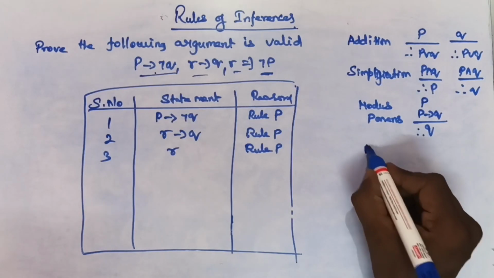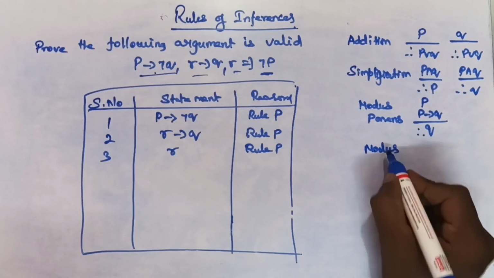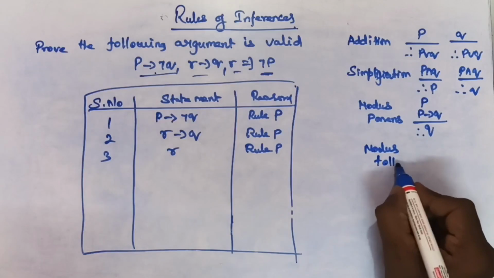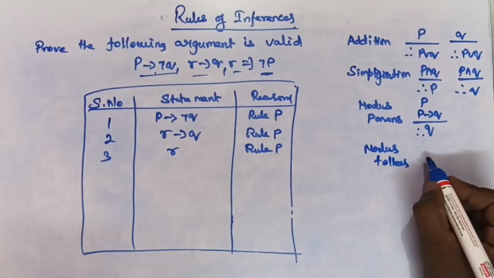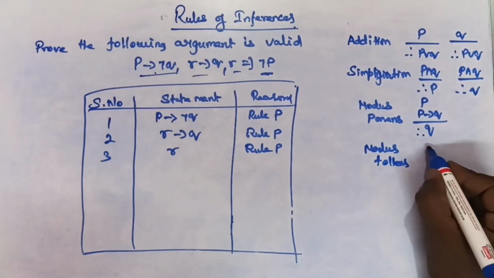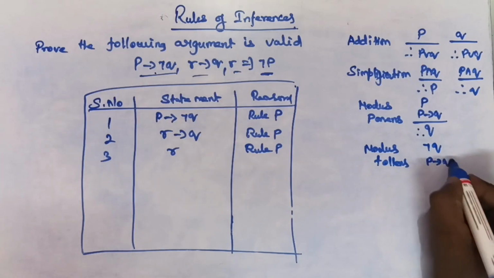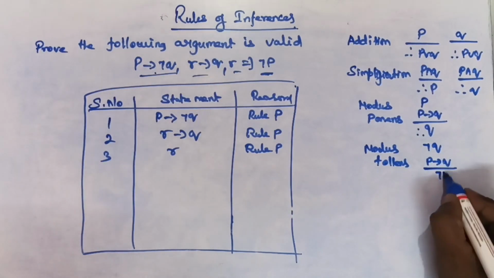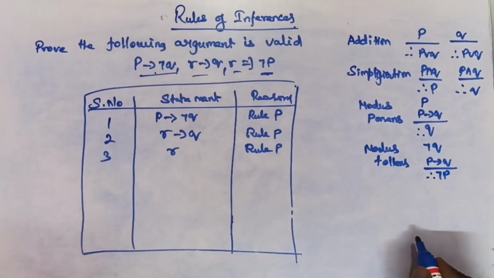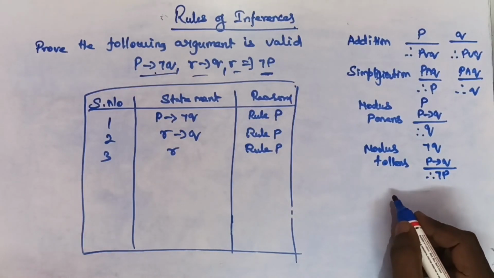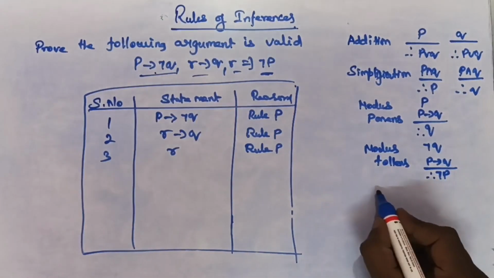Then modus tollens: not Q and P condition Q gives not P. That is modus tollens. Then we use disjunctive syllogism.